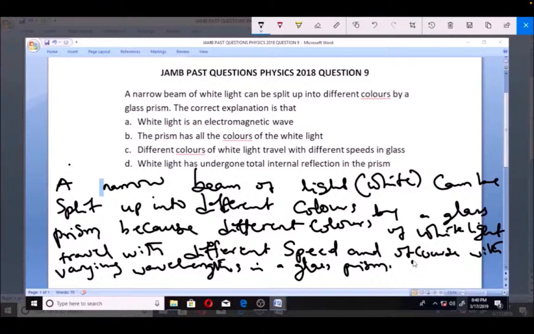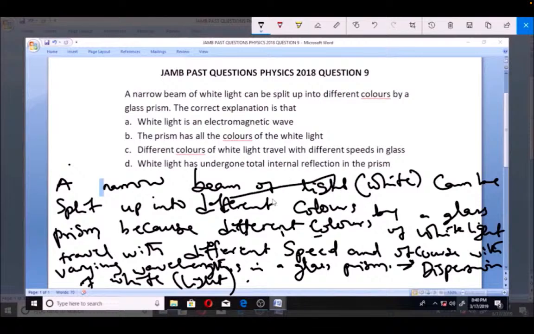This effect is known as dispersion of white light. This very thing I just explained is what we call dispersion. So whenever you're asked what is dispersion of white light, it is what happens when a narrow beam of light is split up into different colors because of its passage through a glass prism.